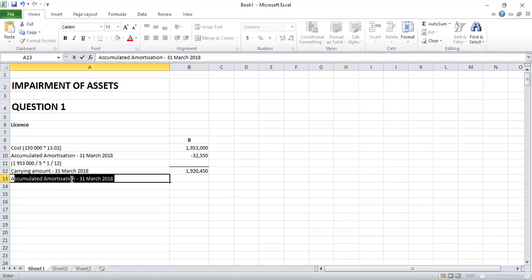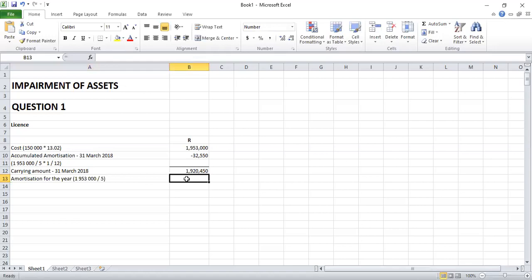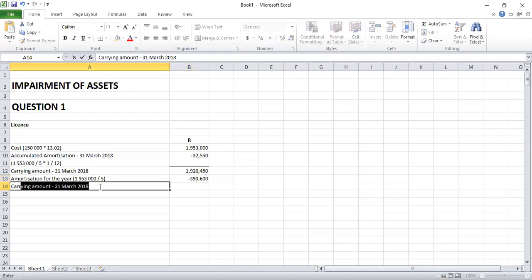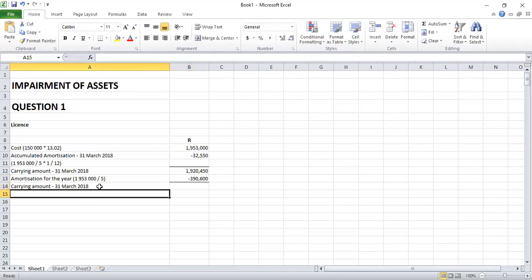Then we'll have our amortization for the year, which will be 1,953,000 divided by 5. It's now a full year. What do you get? 390,600. Right. Then we get our carrying amount on 31 March 2019.